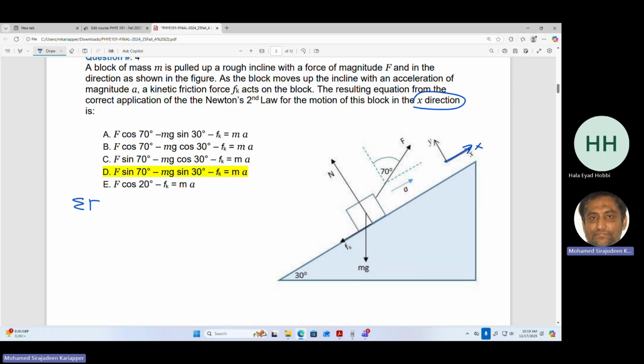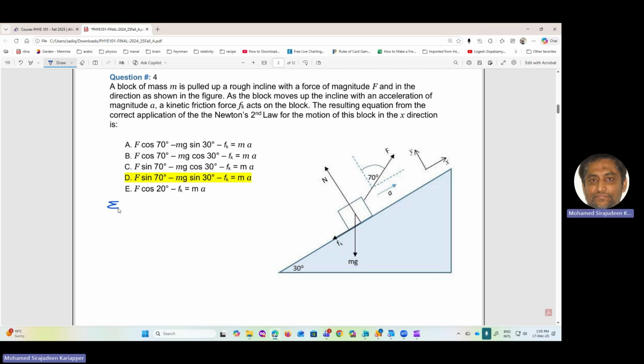So, net force in the x direction is equal to mass multiplied by acceleration in the x direction. So, the net force, net means you have to include all the forces. Let me start one by one. Second law in the x direction.